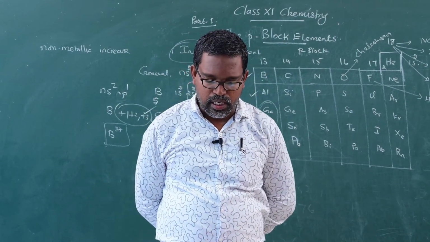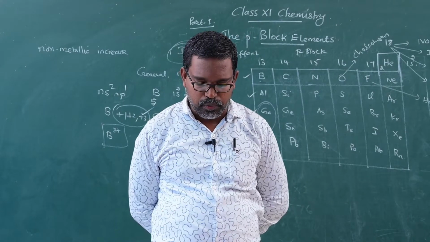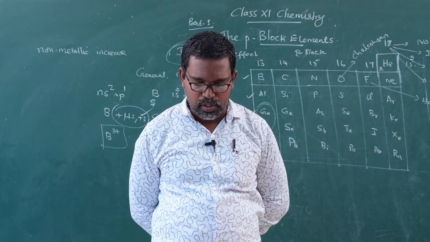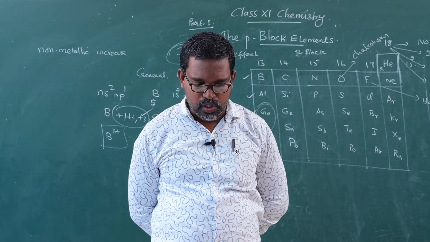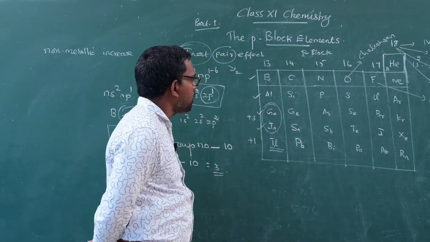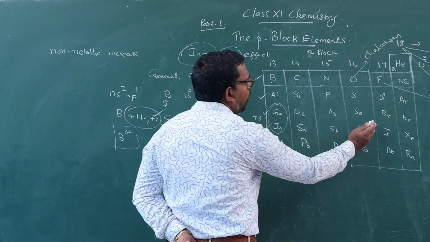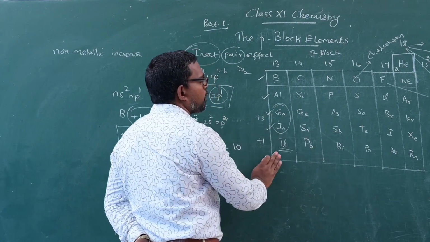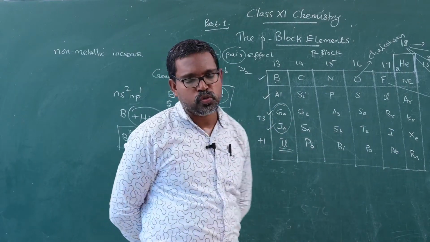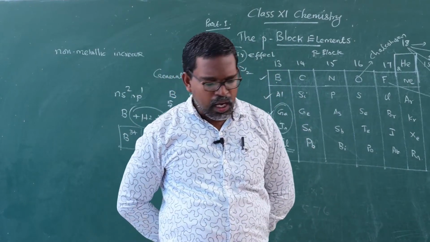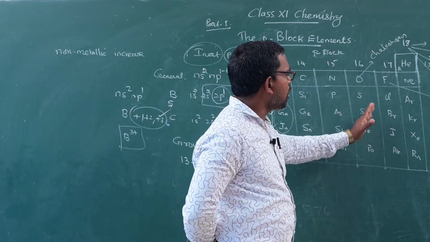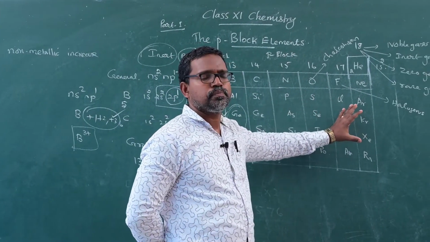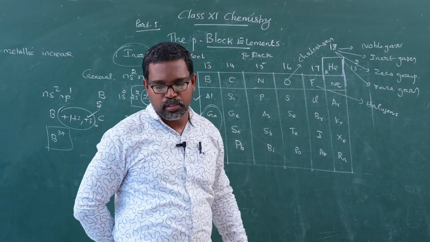In fact, the heaviest element in each p block group is the most metallic in nature. Therefore, the elements with the most metallic character are located mostly in the lower left side of the periodic table, and the less metallic or non-metallic elements are present in the right part.